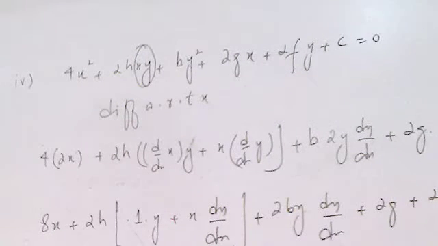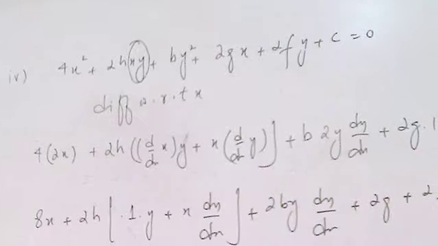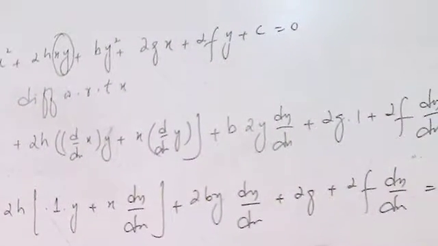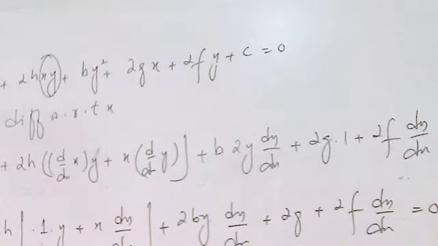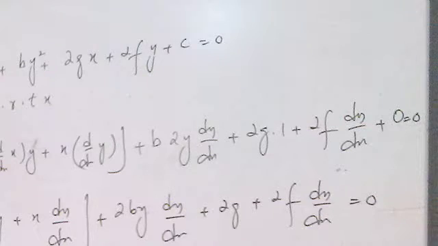The derivative of y square is 2y, power 1, and the base derivative dy by dx. The derivative of 2gx is 2g, the derivative of 2fy is 2f dy by dx, and the derivative of c is 0.